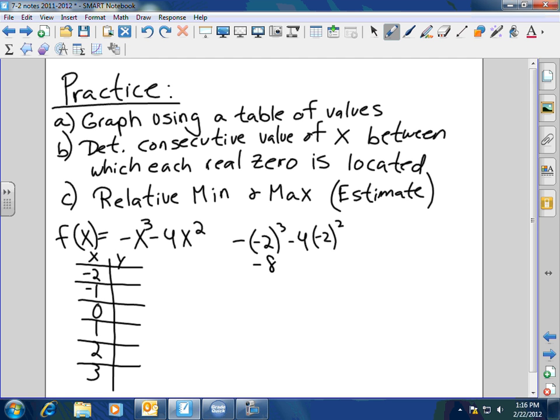That's going to be negative 8 minus 16. No, that's going to be positive 8 minus 16, which is negative 8.